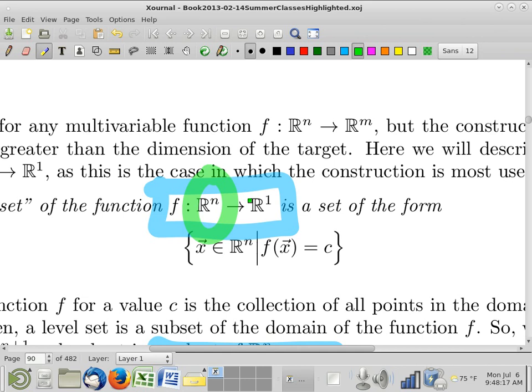Not that we can't do that, it's perfectly fine, it generates great pictures in a lot of cases, but I note it's a little unnatural. Level sets, no problem, they're in the domain. Very natural.